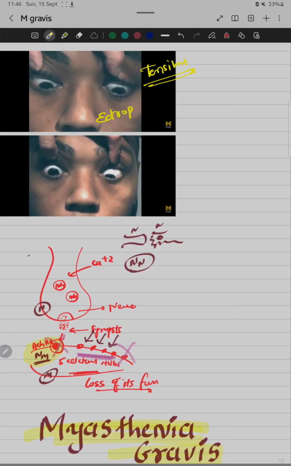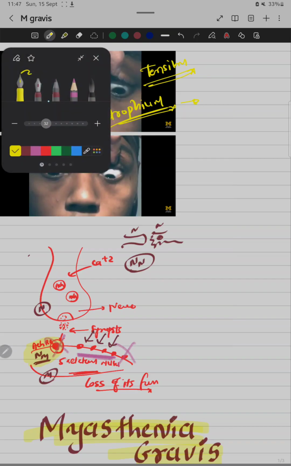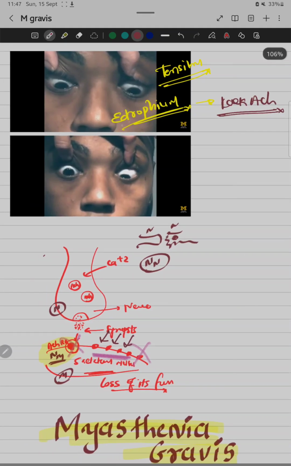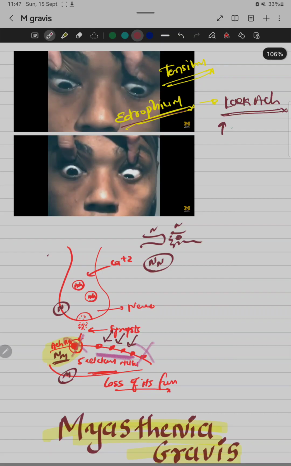If we give this drug and the person has myasthenia gravis, where the symptoms are due to lack of acetylcholine, then there will be high acetylcholine in the synapse. So high acetylcholine will cause immediate disappearance of the symptoms.